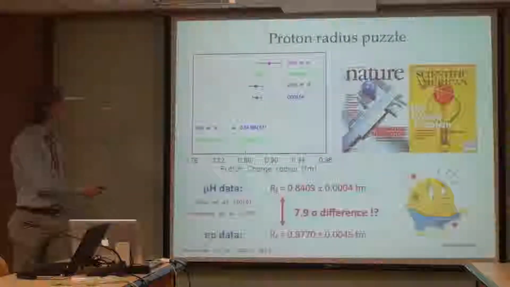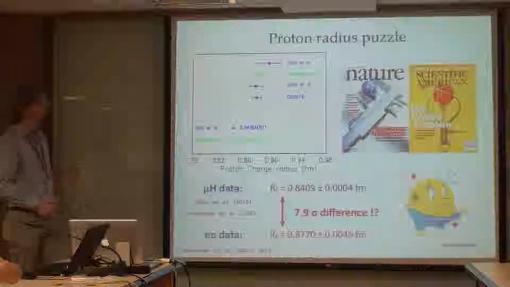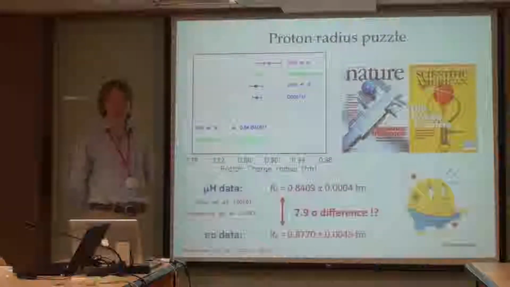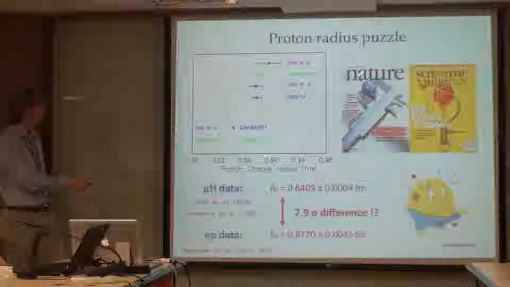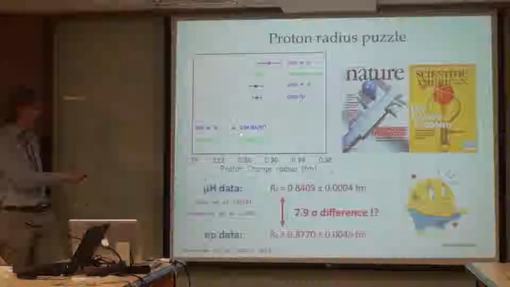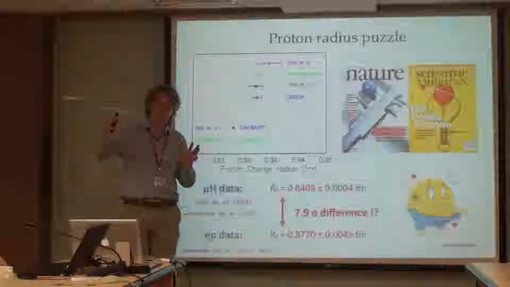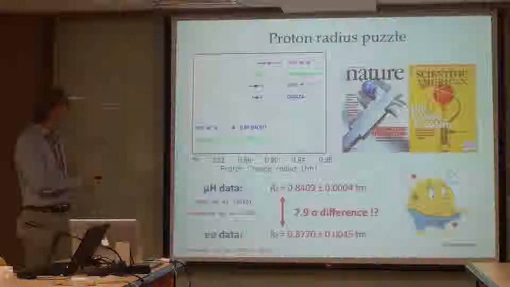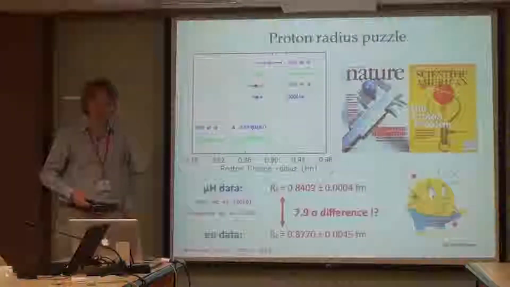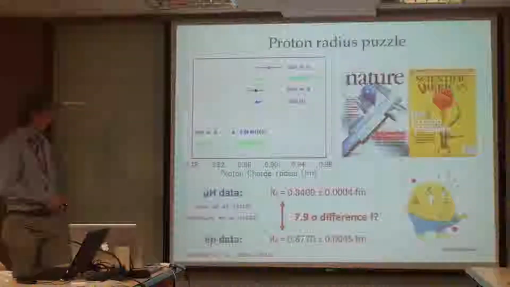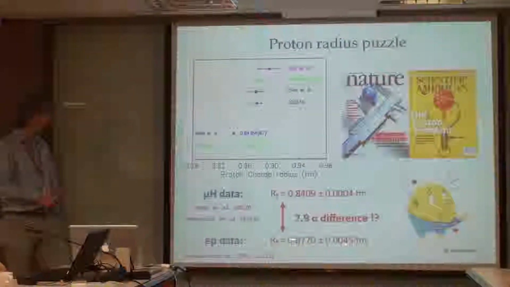We have seen the measurements of electron scattering, which are in agreement with the proton radius as determined from the electronic hydrogen atom, which give a radius markedly larger than the extractions from muonic hydrogen, a system where the muon is much closer to the proton, and hence one has a much enhanced sensitivity to this proton radius. That's why one accesses a radius here with a precision typically 10 times better than in electron scattering.